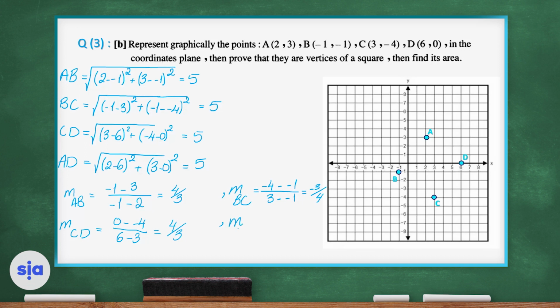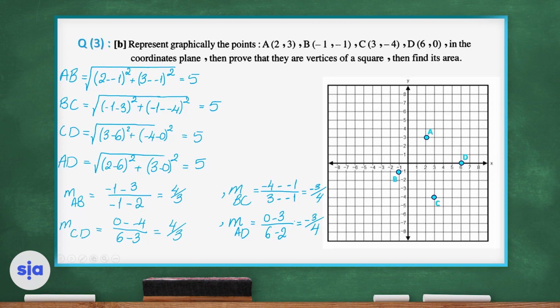Where the slope of AD equals 0 minus 3 over 6 minus 2, which is equal to negative 3 over 4. As you can see here, the four sides are equal in length, the two opposite sides have the same slope, then they are parallel to each other, and the two intersecting sides are perpendicular to each other, where their slopes, when you multiply them, give you negative 1.